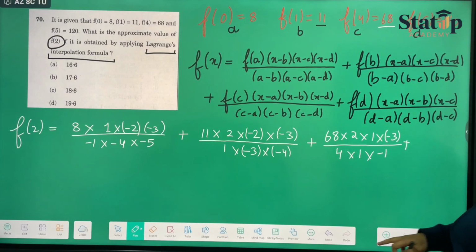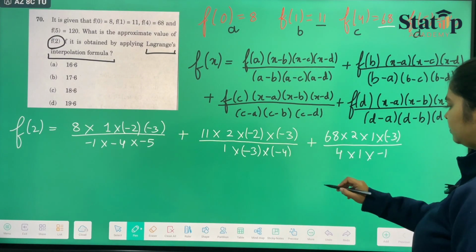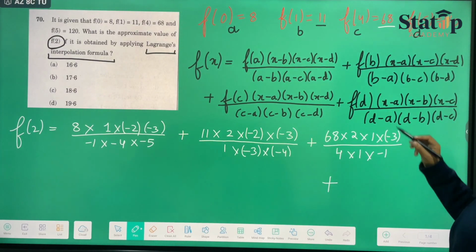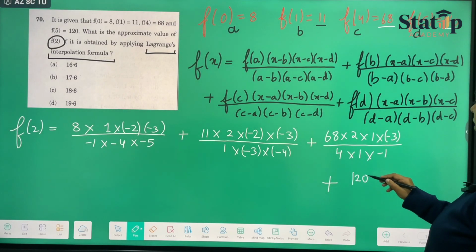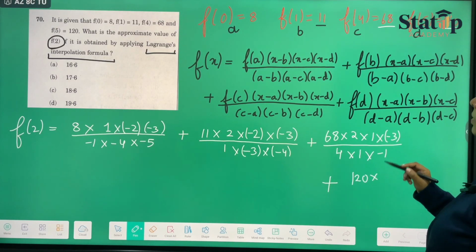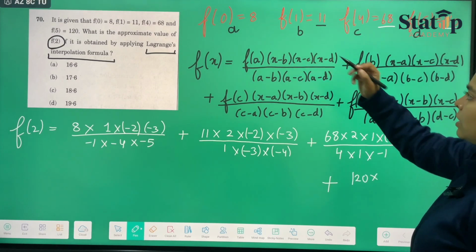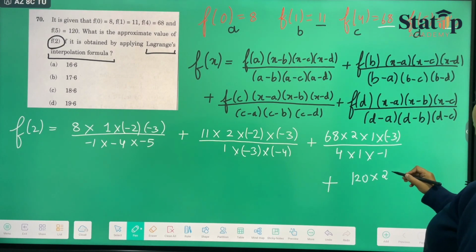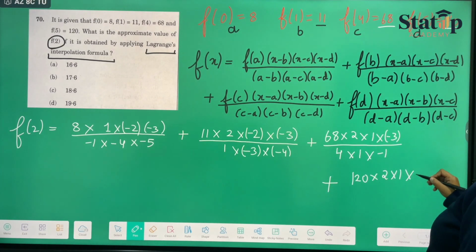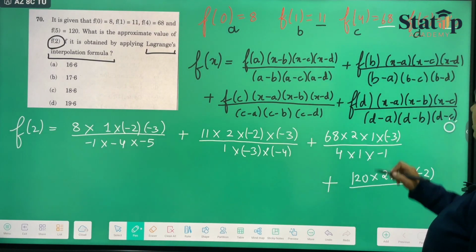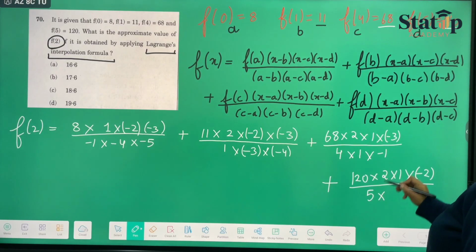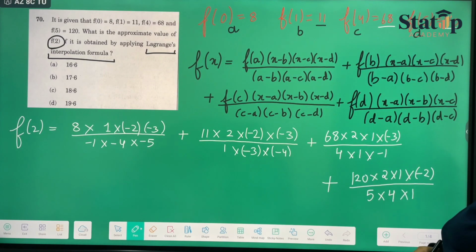Plus the last term, f of d is 120, into x minus a: 2 minus 0 will be 2, 2 minus 1 will be 1, and 2 minus 4 will be minus 2, upon d minus a: 5 minus 0 will be 5, 5 minus 1 will be 4, and 5 minus 4 will be 1.